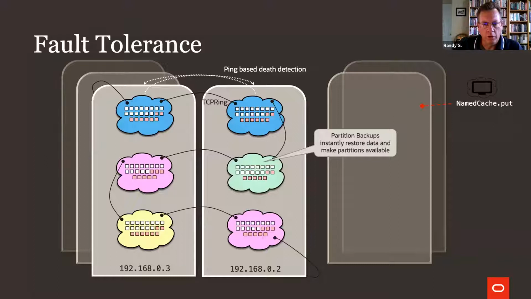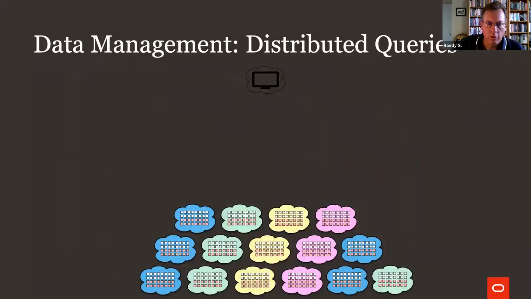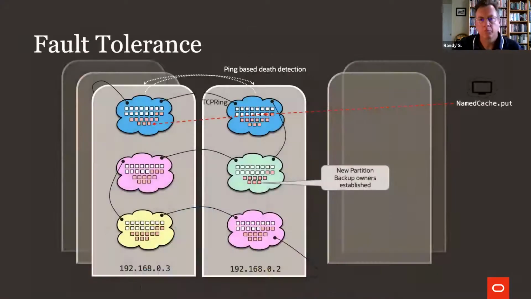We will promote backups to primaries, and we will create new backup copies on surviving members and surviving machines. And all that happens invisibly to application code while we rebalance the data, and then we return control to the calls that were happening.